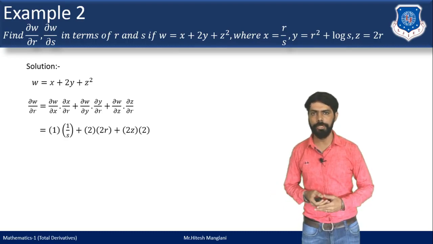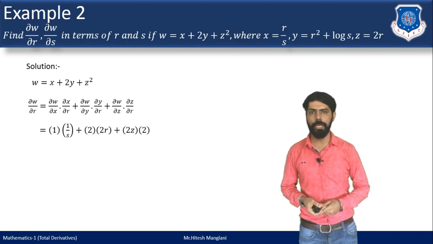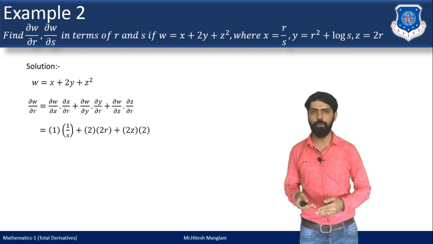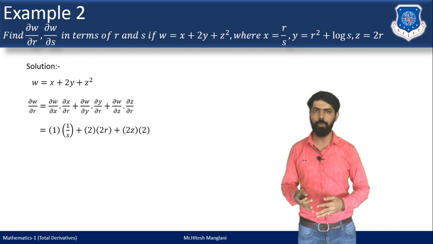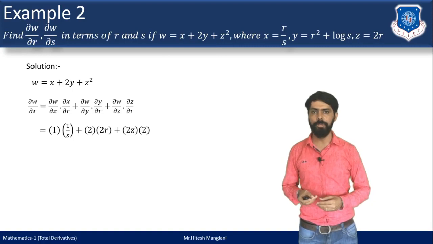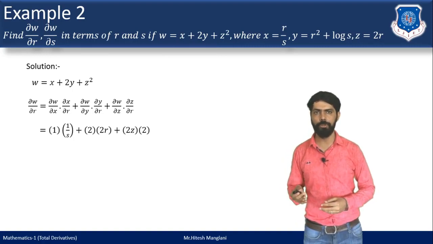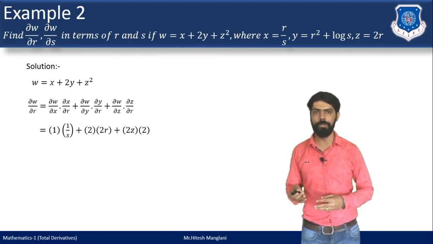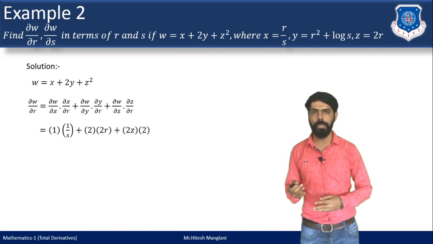So del w by del x is 1. Now del x by del r, that means we will have to partially differentiate x with respect to r. Now what is x? It is r divided by s. So if we partially differentiate x with respect to r, then the derivative of r with respect to r is 1. So it will be 1 divided by s.